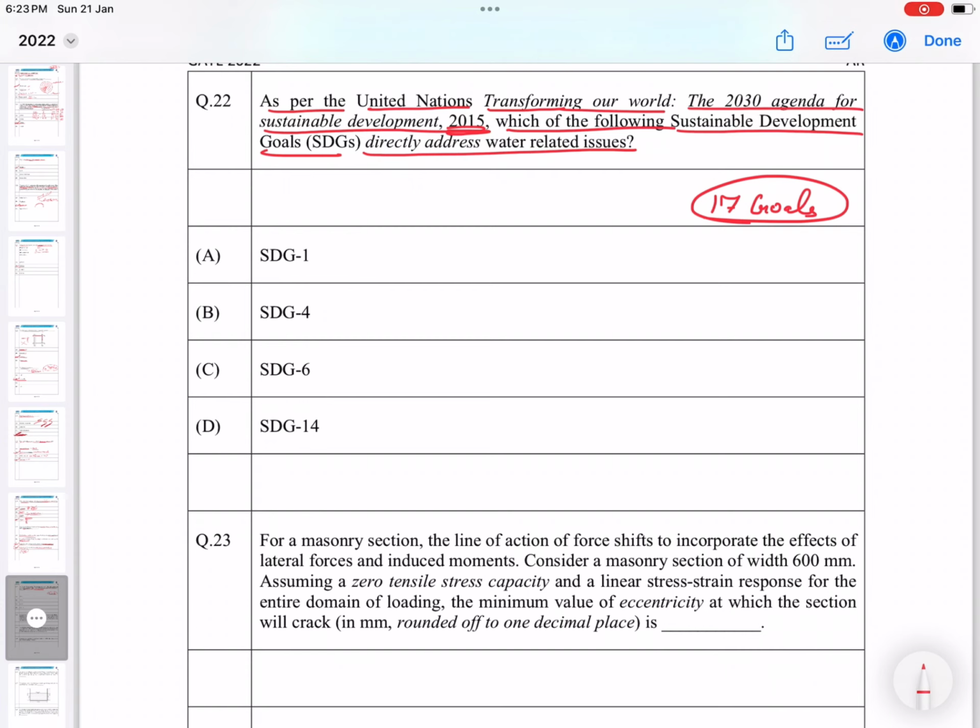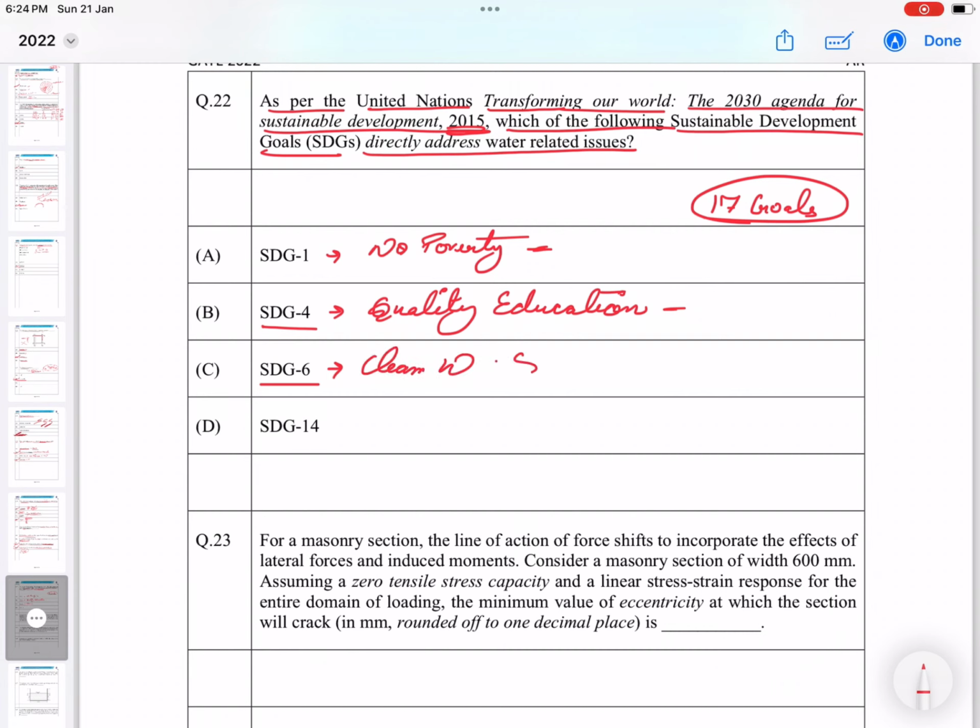I will not explain all 17, but I will explain four of these. SDG 1 stands for no poverty. SDG 4 is for quality education. So clearly we know that water related issues are not here. So it can be SDG 6. Yes, it is, because SDG 6 is clean water and sanitation.